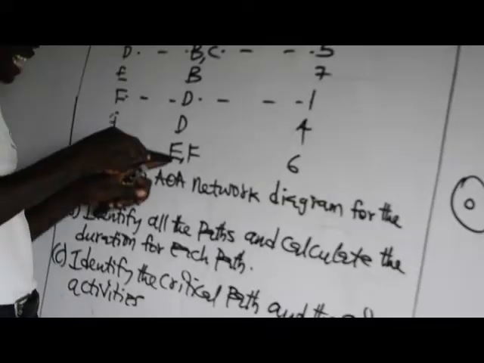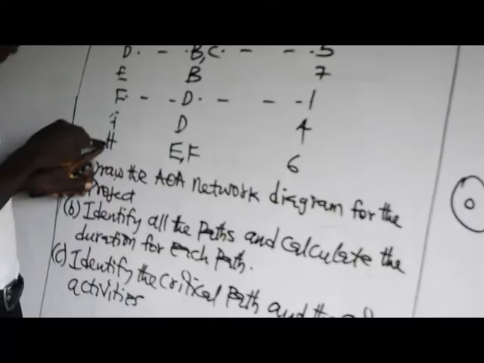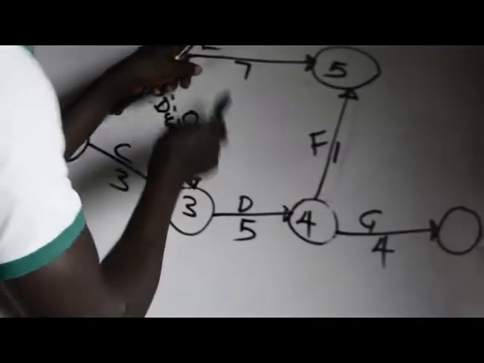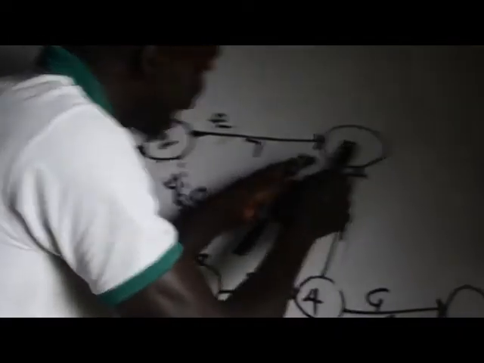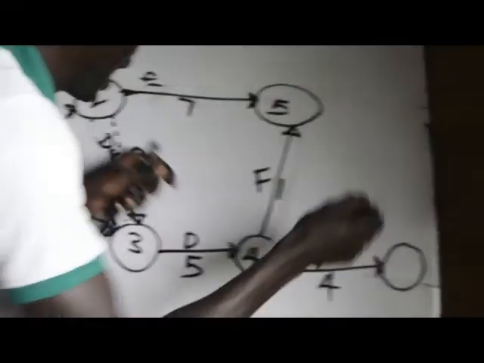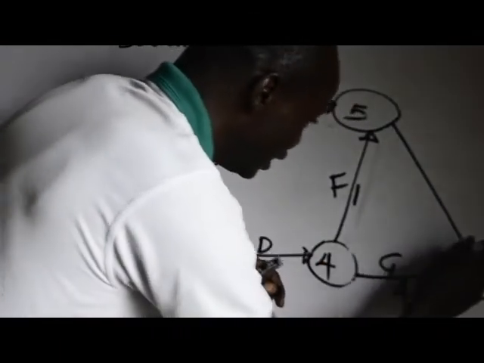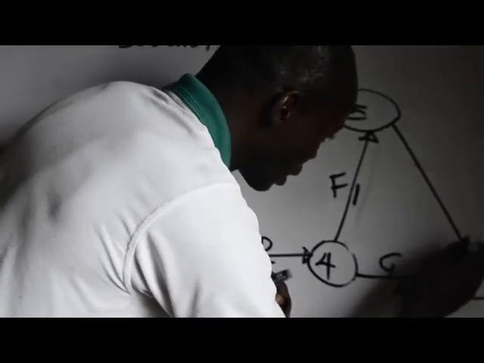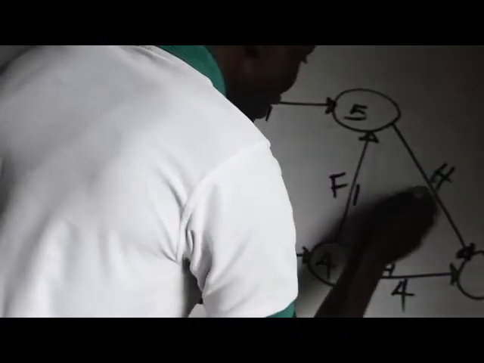Now, from the point of intersection of E and F, we now have activity H drawn. Where is the point of intersection of E and F? This is activity E and this is activity F. Both meet at 5. Then you now have H drawn. You can draw H to meet G. This is H, and the duration of that is 6 weeks.